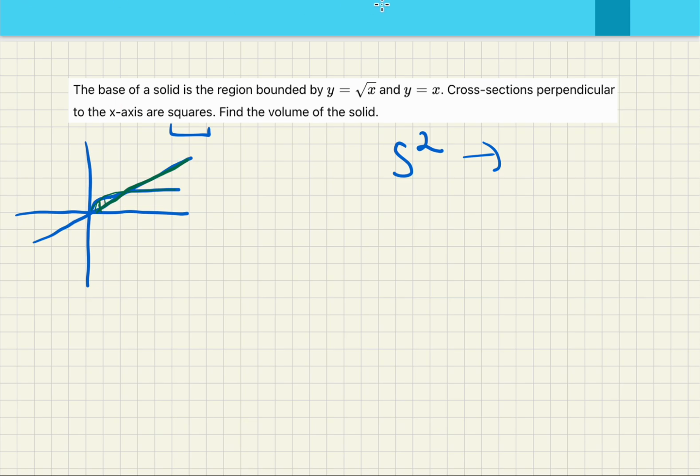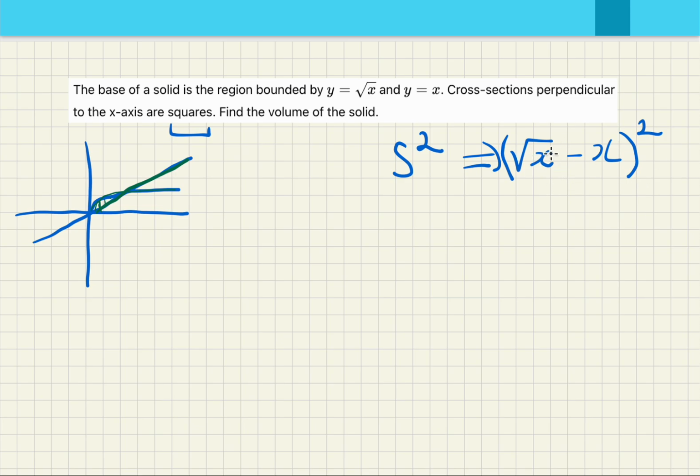And once we have identified what's on top and what's on the bottom, we can write that each of these sides is square root of x minus x. And now that is s. This is the value of s. And remember, the area of a square is s squared. So these two are equivalent now.